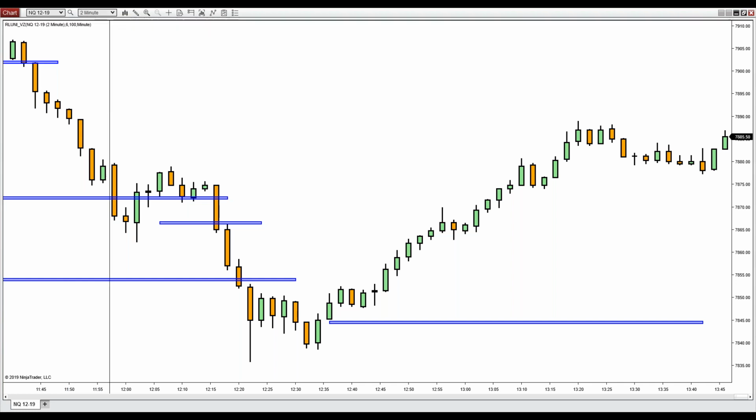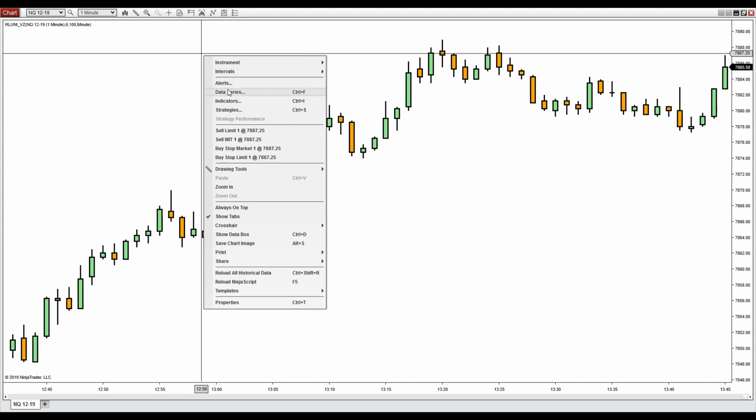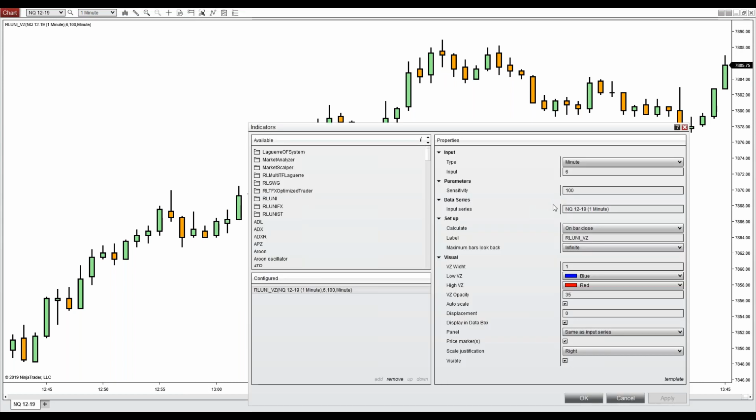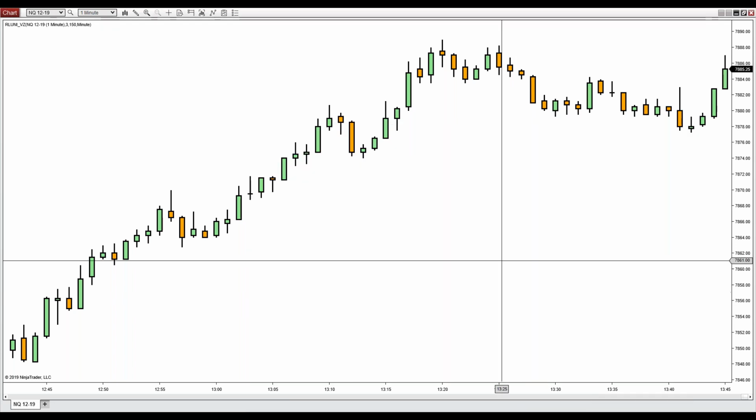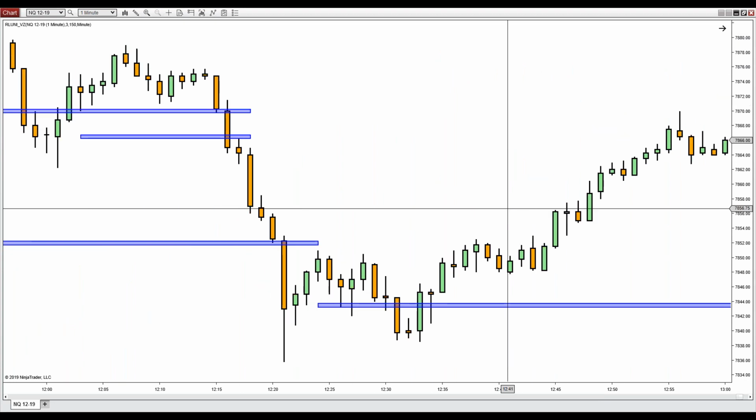Let's go to 1 minute on the NQ, and then we have to reset the indicator. We've got to go to 3 minutes, and in the futures, we're going to change the sensitivity to 150. And here they come.